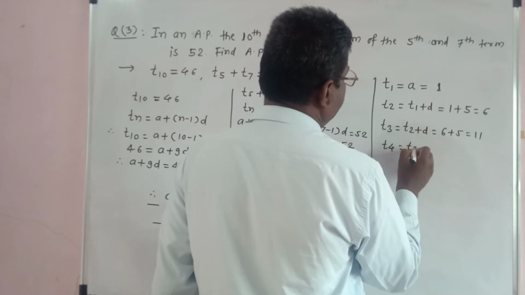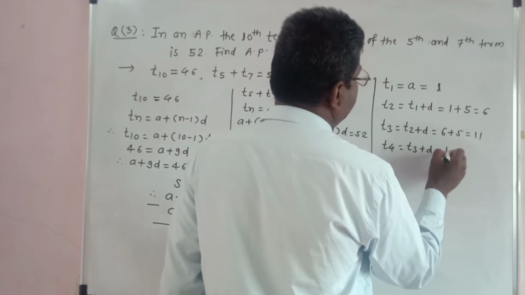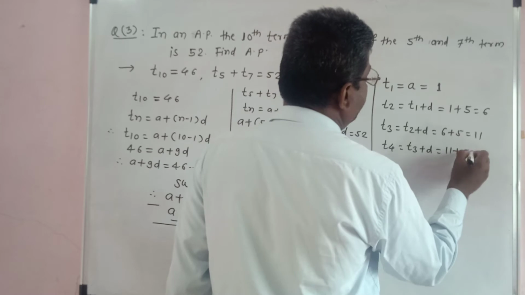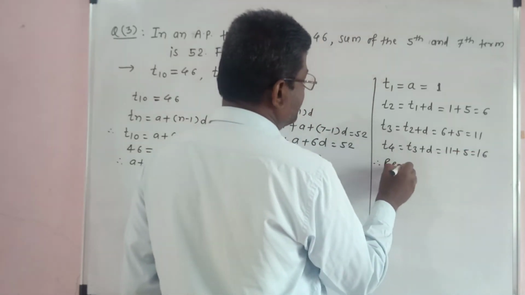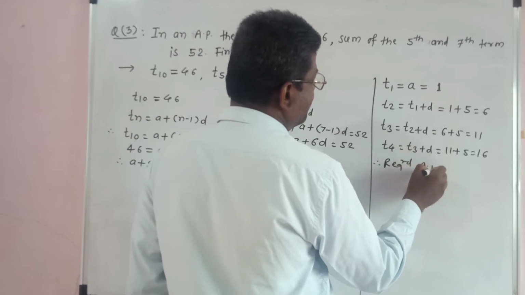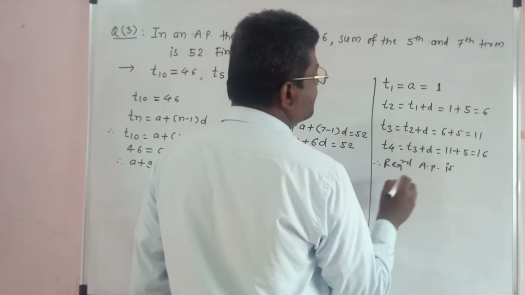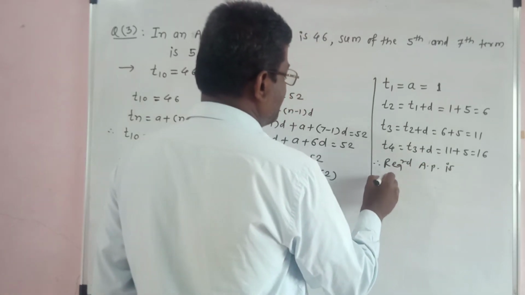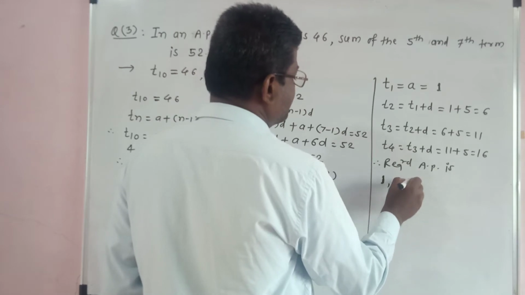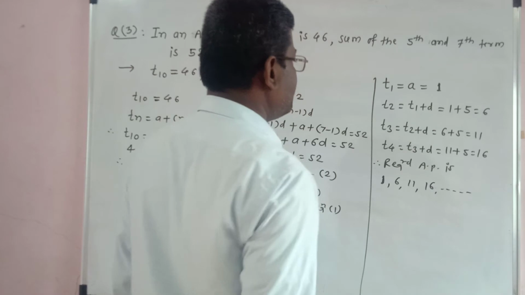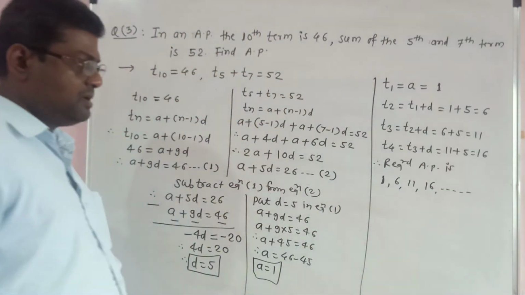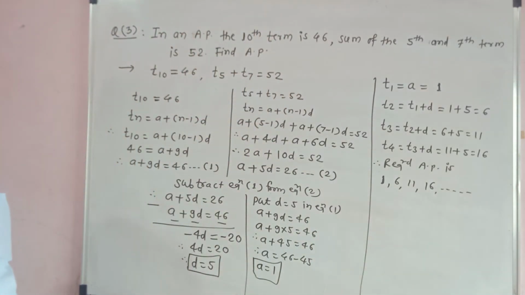T4 is equal to T3 plus D, 11 plus 5 is equal to 16. Therefore the required AP is a 1, 6, 11, 16, and so on.